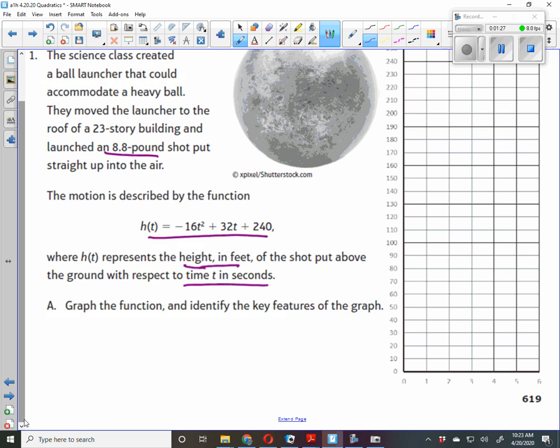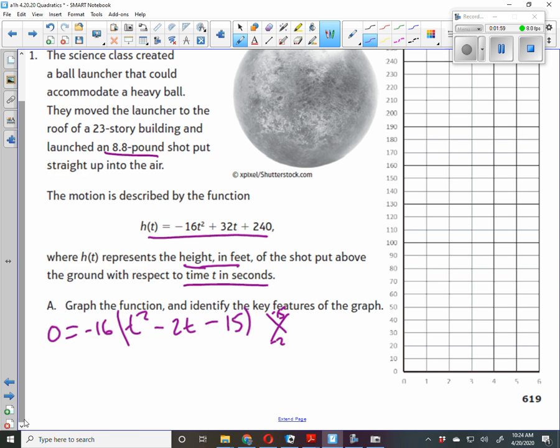All right. So if we say 0 is equal to, and we factor out that negative 16, we get t squared minus 2t minus, and 16 goes into 240 15 times. And now we're looking for factors of negative 15 that add up to negative 2.